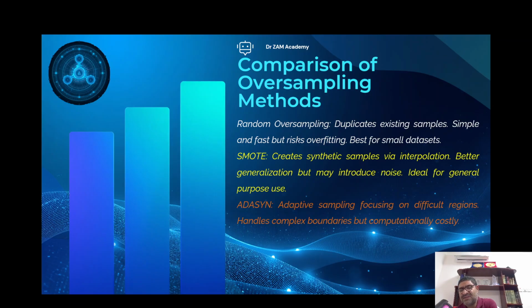Introducing noise can be problematic, but it is a better way of generalizing if you are creating synthetic samples and using interpolation for that. Better generalization will happen, but it may introduce noise as well, so there is a little chance of overfitting here too. But it is ideal for general purpose use.